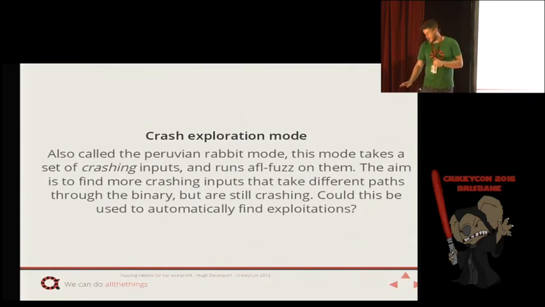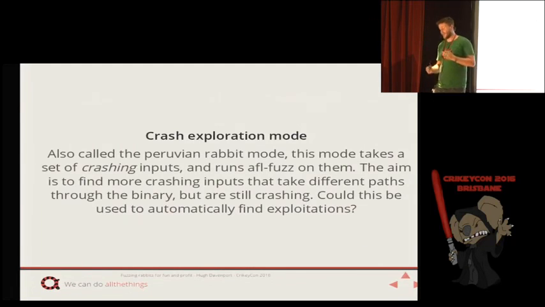The last feature I was going to talk about before walking into some of the bugs that I've found is the crash exploration mode, or Peruvian rabbit. So normally when you run AFL, you give it an input that doesn't crash the program, and you're trying to find an input that does crash the program. So in the Peruvian rabbit mode, you give it the input that does crash the program, and then it goes through and finds more crashing inputs that take different program paths while still crashing.